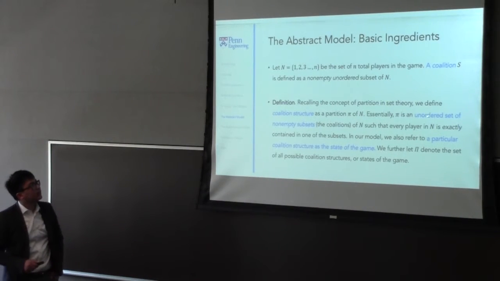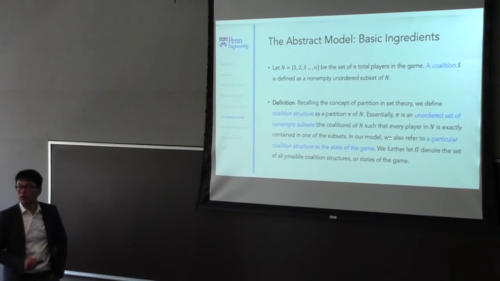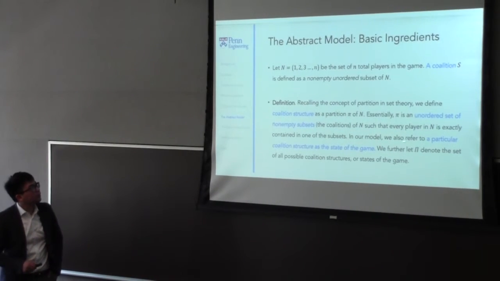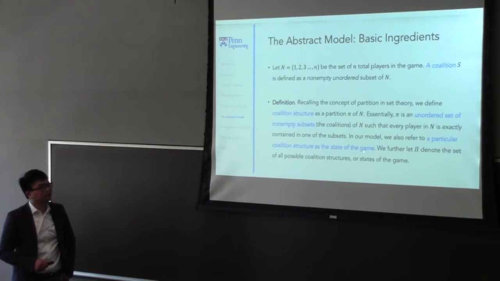Essentially, it is an unordered set of non-empty subsets, the unordered set of the coalitions of N, such that every player in N is contained in exactly one of the subsets. In this model, we often refer to a particular coalition structure as the state of the game.